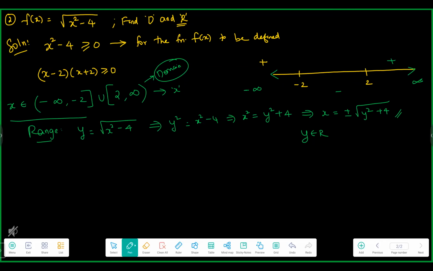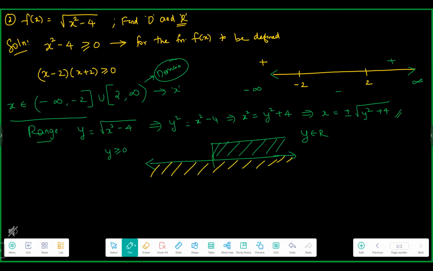But listen to this carefully. First step itself, if you observe, y is equal to square root of something. Now, square root will generally generate what kind of values? So y is greater than or equal to 0 from here. That's what you wrote. x square minus 4 is greater than or equal to 0, and y belongs to R, right? So y is greater than or equal to 0 is going to be this. y belongs to R is going to be this.